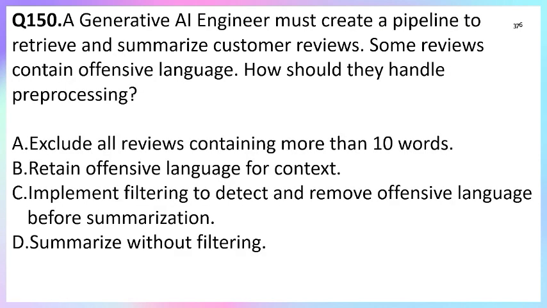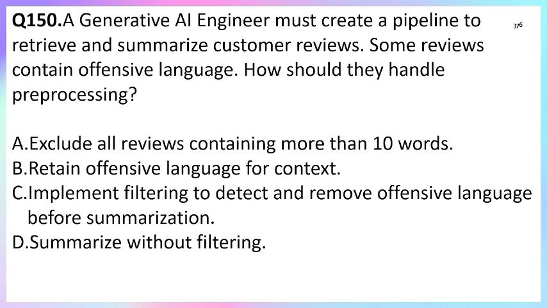Question number 150. A generative AI engineer must create a pipeline to retrieve and summarize customer reviews. Some reviews contain offensive language. How should they handle pre-processing? Option A, exclude all reviews containing more than 10 words. That will limit the feedback, so option A is incorrect.